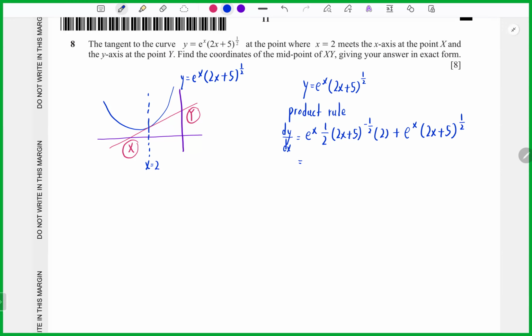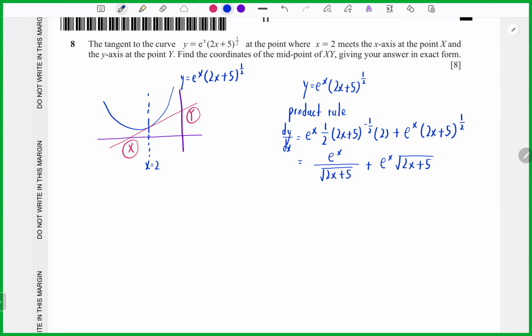So you can write e^x over the square root of (2x plus 5) plus e^x times the square root of (2x plus 5).